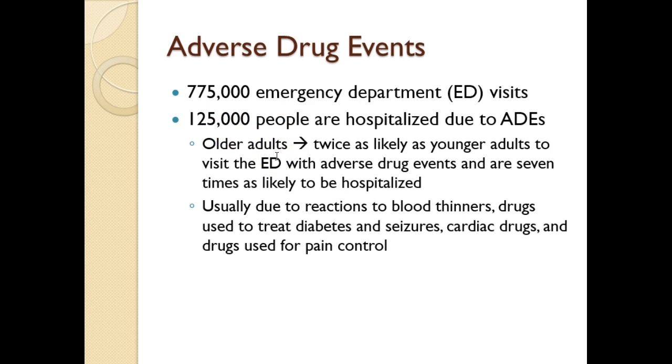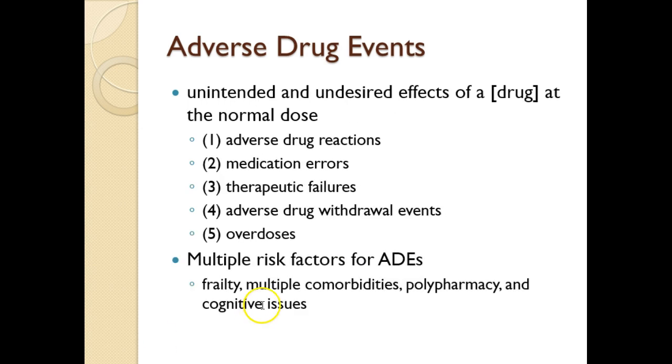Research has shown older adults are twice as likely as younger adults to visit the ED for adverse drug reactions, and 7 times more likely to be hospitalized. And this is usually due to drug-drug interactions related to blood thinners, anti-diabetes meds, anti-seizure meds, cardiac drugs, and drugs used for pain.